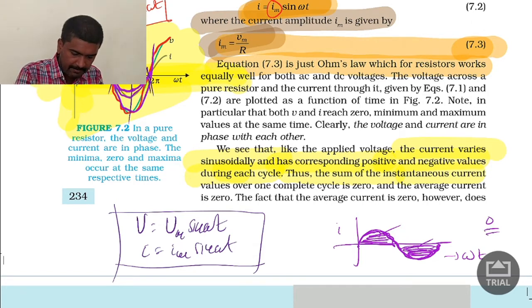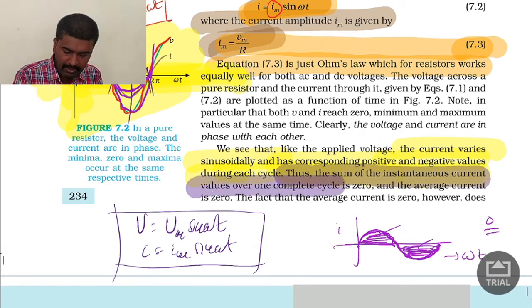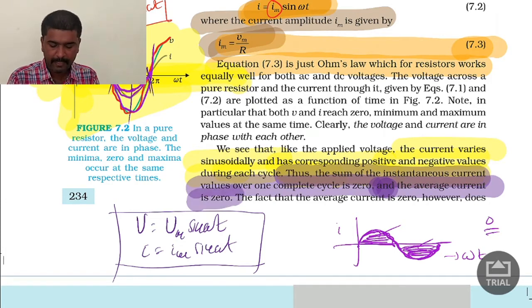The sum of instantaneous current values over one complete cycle is 0, and the average current is 0.